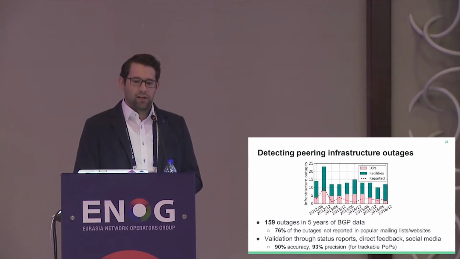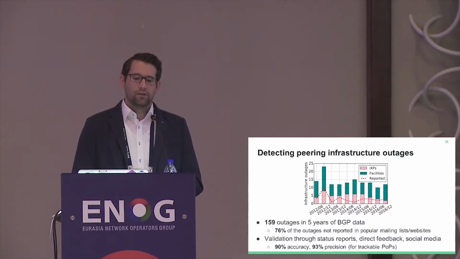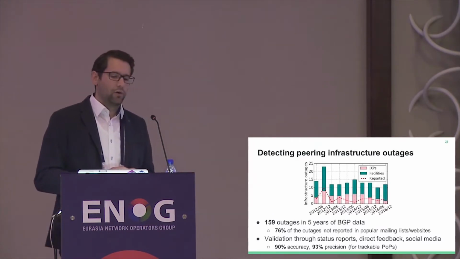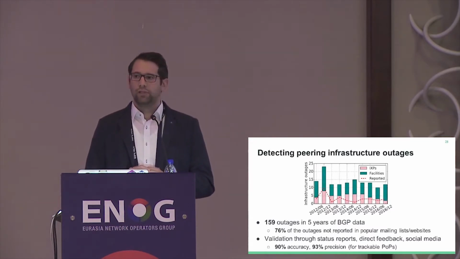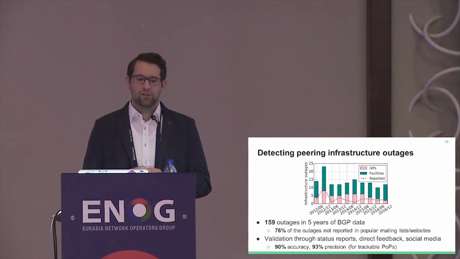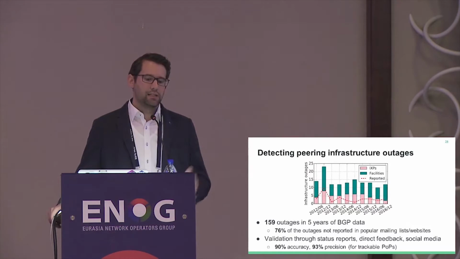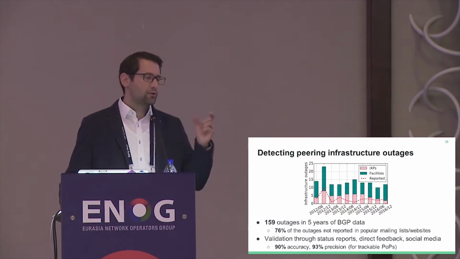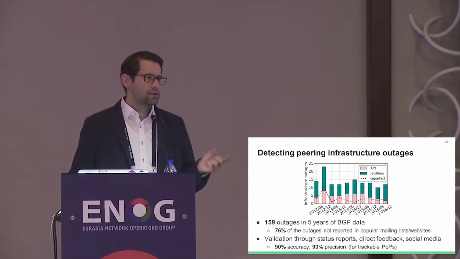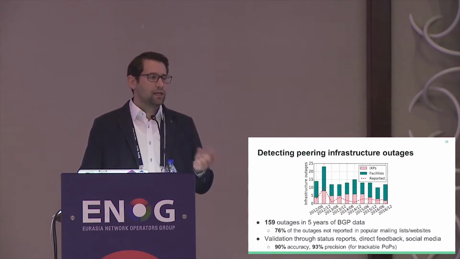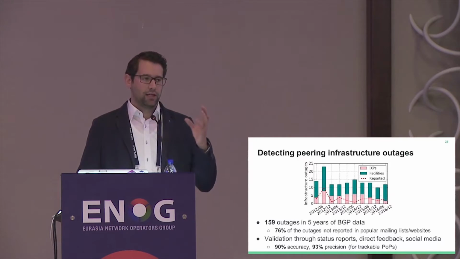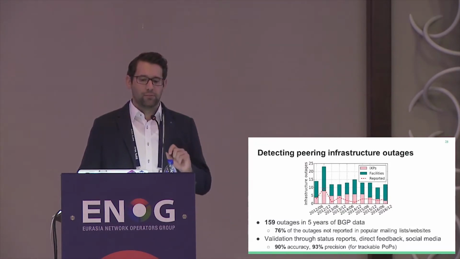We also did a validation through status reports and direct feedback. We talked to operators about outages, and used social media, so crowdsourced information again, and we got 90% accuracy. Each outage we found with our system, we tried to validate. Some we simply could not validate because we could not reach out, but 90% we could, and we had 93% precision.